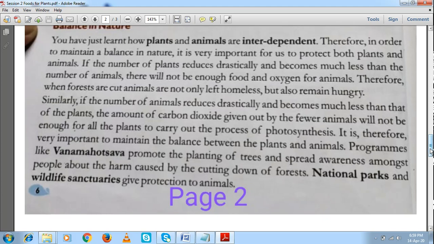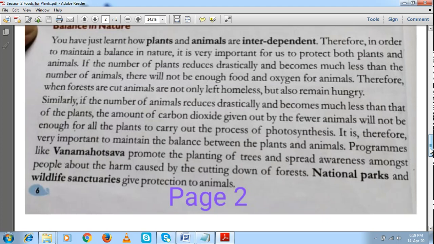But as you know, few people are cutting down the trees on a very large scale. This is something which is of major concern. Children, if we cut the trees at such a large pace, then obviously the balance of the earth will be disturbed. Fewer trees means less oxygen in the atmosphere.